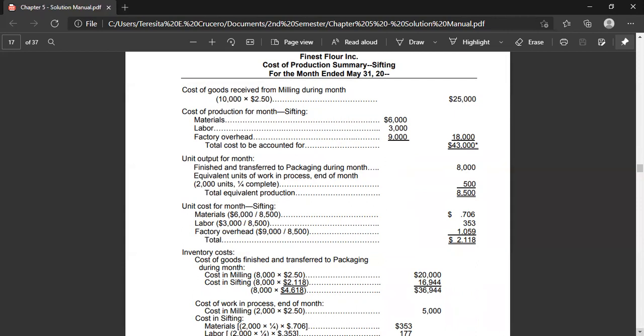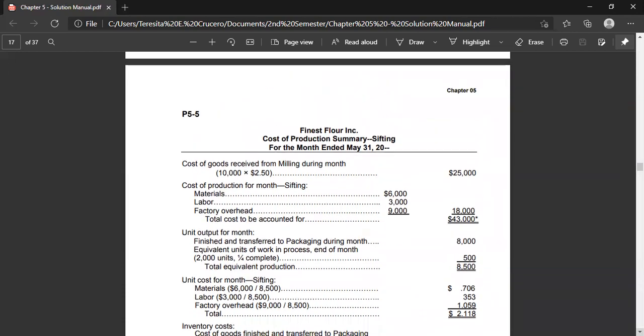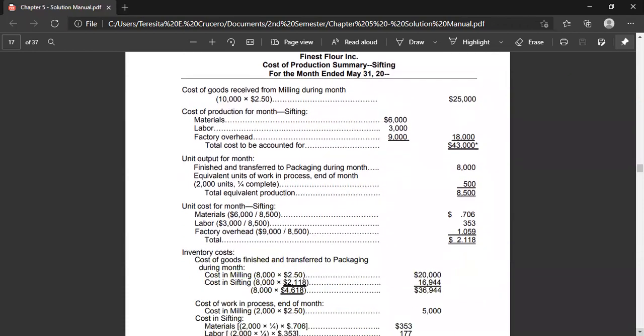Labor, again, we have 3,000, and 3,000 is given. Then we divide that by 8,500. We get 363. Then for factory overhead equal to 9 pesos.